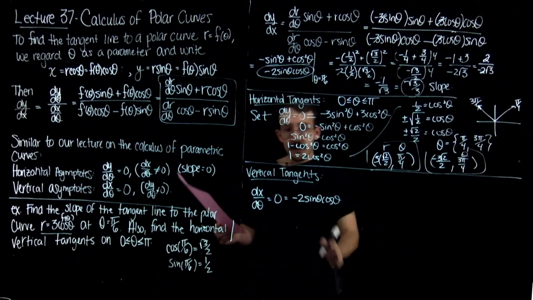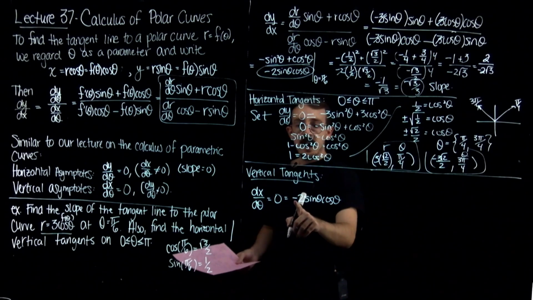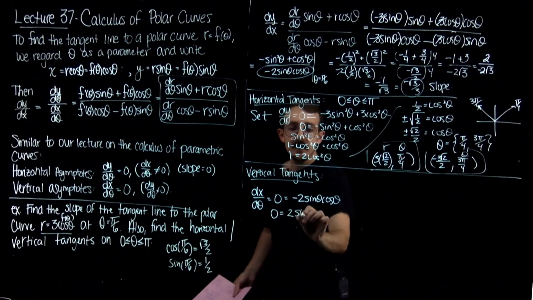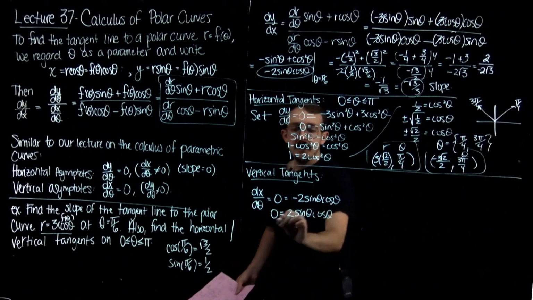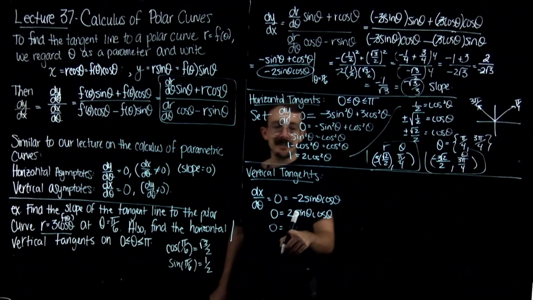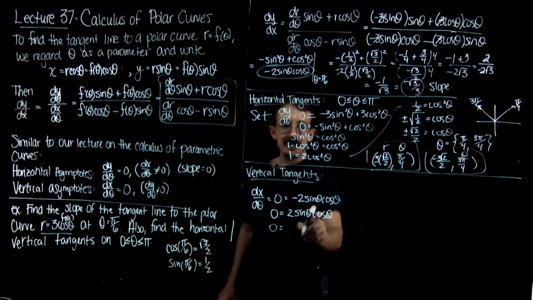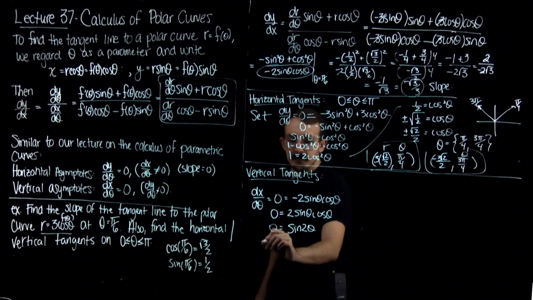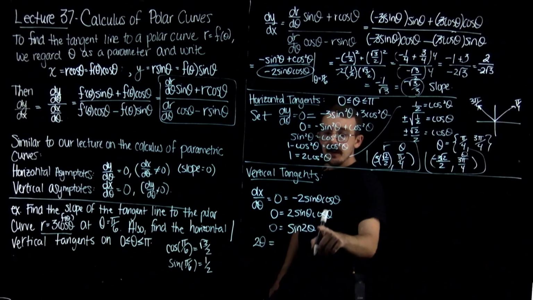Now notice that I could divide the negative to the other side. I'll get 0 equals 2 sine theta cosine theta. But that's a formula that I should recall from much earlier in the semester, right? 2 sine theta cosine theta, that's sine 2 theta. So doing that makes this a lot easier, because now I need 2 theta to equal the angles where sine is 0.